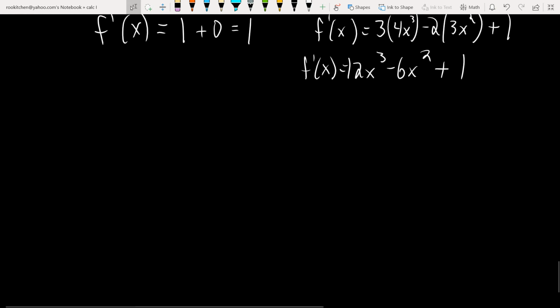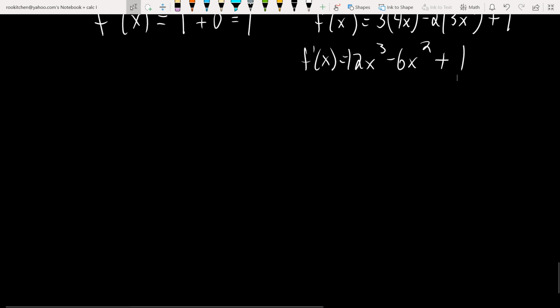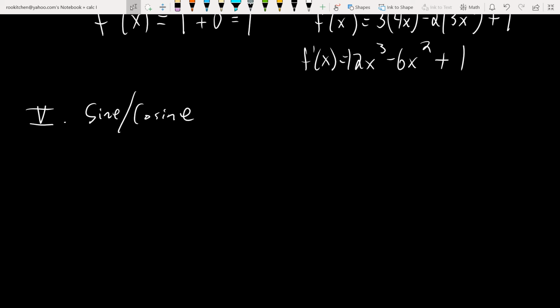Derivatives then of trig functions, how do those work? In order to figure these out, we need some of those limits we had memorized from our last test. In particular, we need to know that the limit as change in x goes to 0 of sine of change in x over change in x is 1.